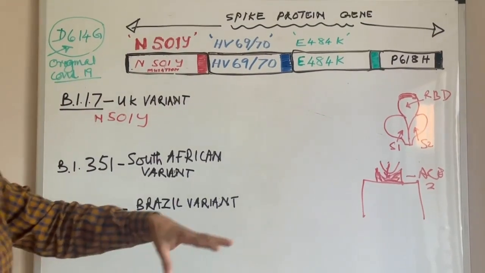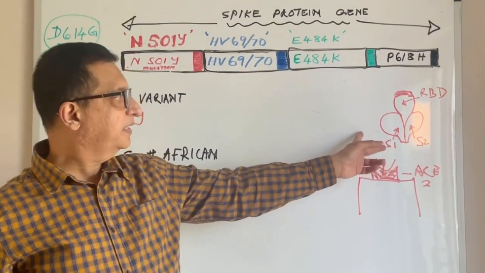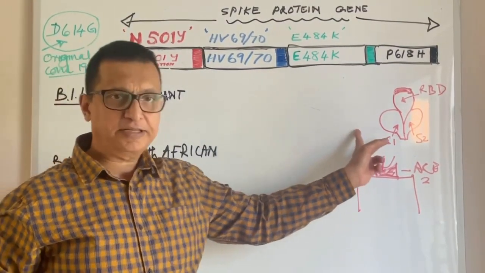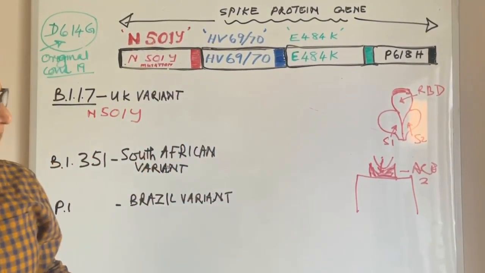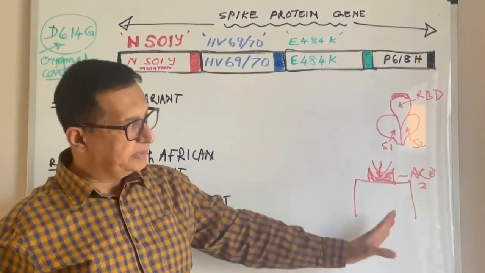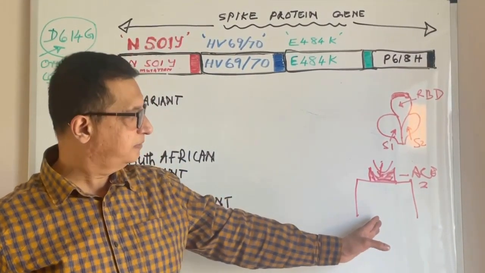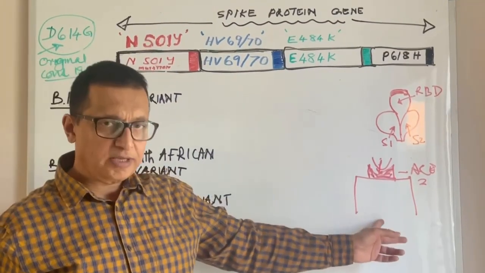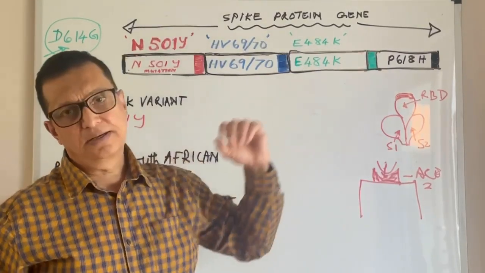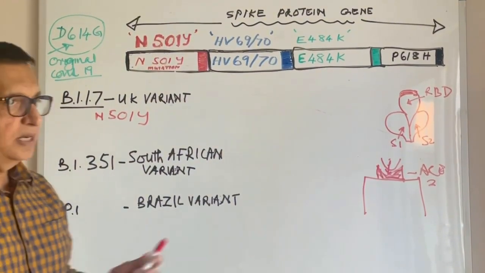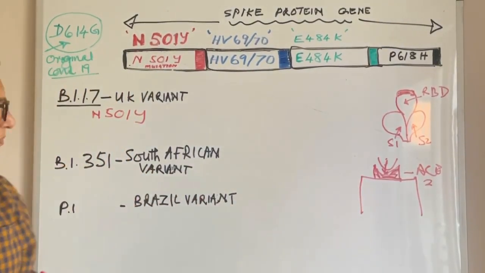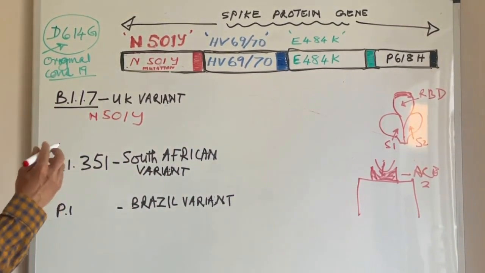In this way, it became a very prominent variant, and the infectivity went up, and the viral load, the replication and viral production, by which the pathogenesis increased and it became a more difficult variant all over the globe, which was found in the UK for the first time.